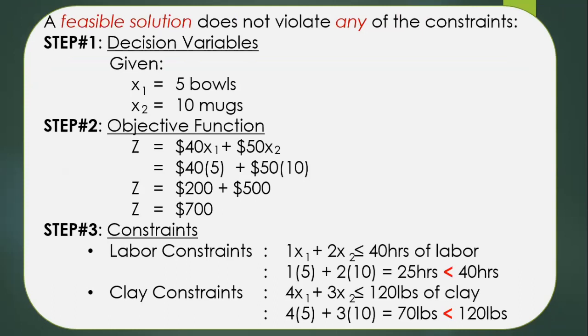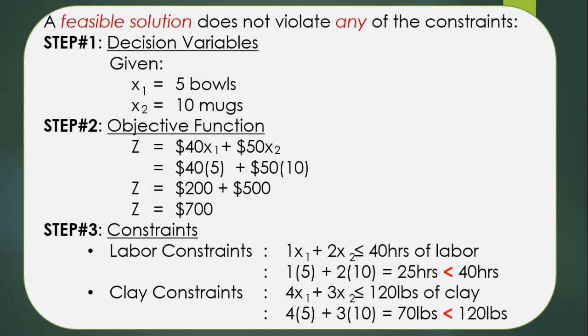For example, in step number 1, we have decision variables. Remember, we have two products. We have bowls, which refer to x sub 1, and mugs, which refer to x sub 2. Let us suppose that we have produced 5 bowls, and for x sub 2, that we have produced 10 mugs.